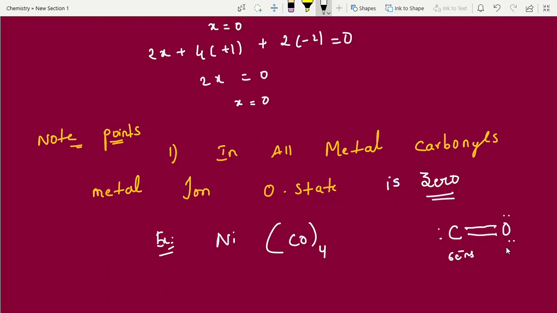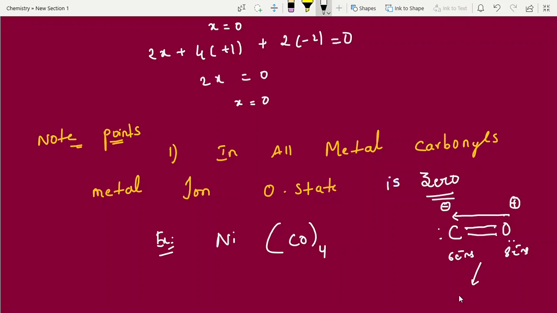This one is satisfied. To satisfy both, now oxygen is donating electrons to carbon. 2 bonds are covalent bonds. One is a special type of covalent bond, that is coordinate covalent bond. Now oxygen gets a positive charge. This one gets a negative charge. Plus and minus get cancelled here.